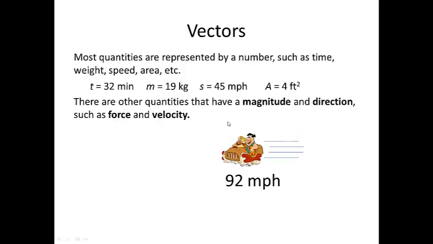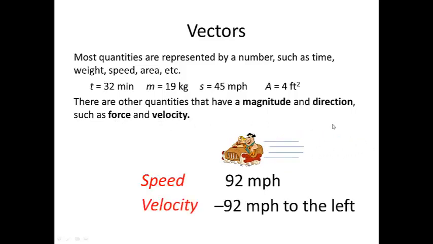So what's the difference between speed and velocity? Well, speed is just the magnitude of a number, whereas velocity is actually a vector because it tells you that it's 92 miles per hour. And since it's negative, we know that by convention, left is negative and to the right is positive. So now we have a direction on this, then this is now a vector.